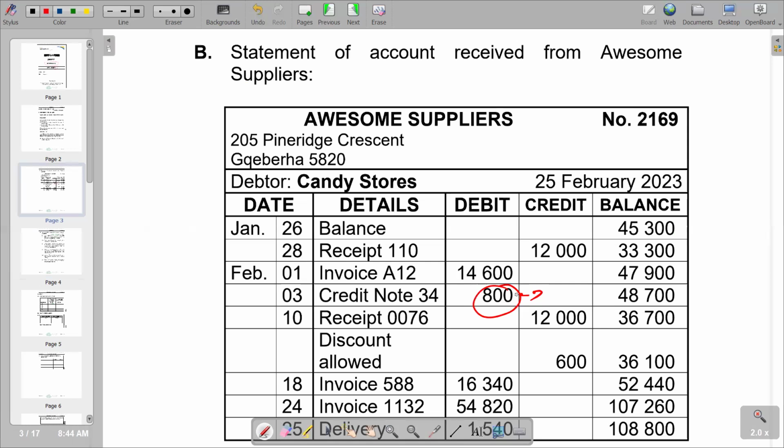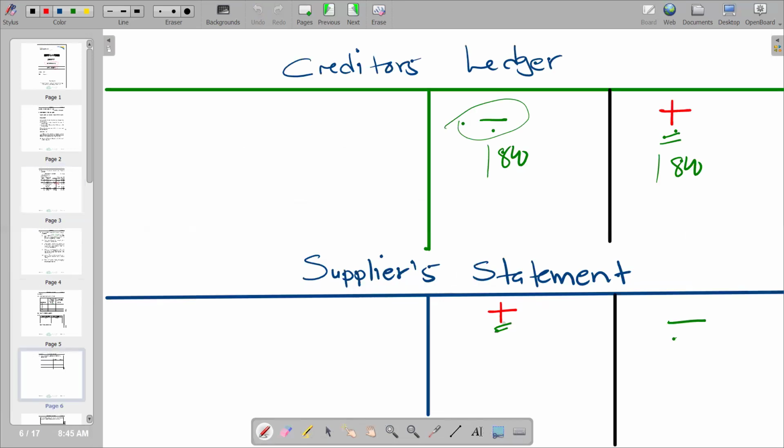To transfer it to the credit side, we are going to enter 800 on the credit side to remove the one that is on the debit. If you enter the first 800, it will return to 0, 800 minus 800. Then you enter the correct amount. So we're going to enter 800 twice on the credit side. If we go to our T, it means we are going to the supplier statement.